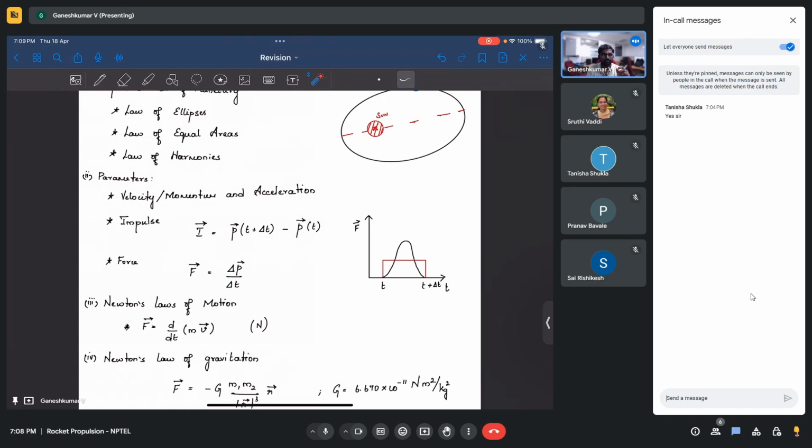But the force is not really one number like 20 newtons or 10 newtons. It is going to vary across a time period, and the one number you quote is nothing but the average force that you apply to the body. Okay, so that is something you should keep in mind.